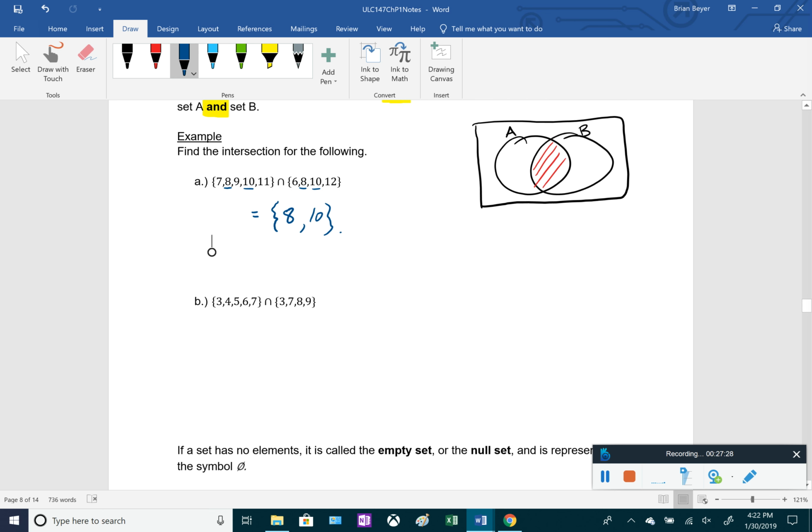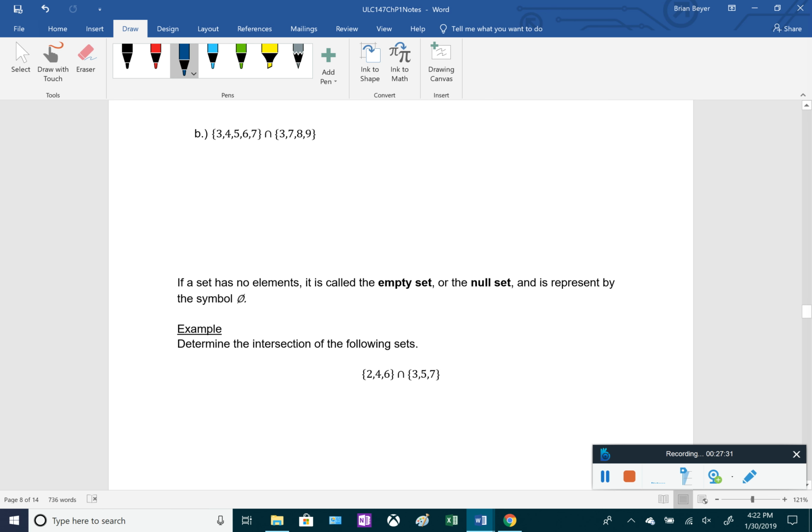So it's pretty simple. For the next one, we have, when does the set 3, 4, 5, 6, 7 intersect 3, 7, 8, 9? Once again, what do they have in common? They have a 3, and they both have a 7. So 3 and 7. Just make sure that when you're writing your answer for this, the answer is also a set, which is why it has the squiggly brackets.